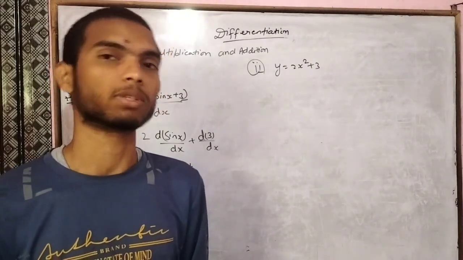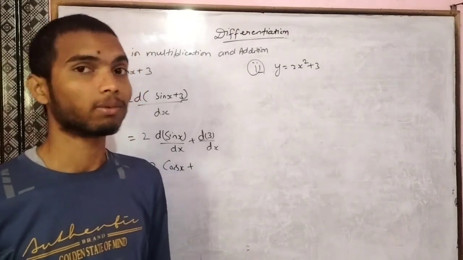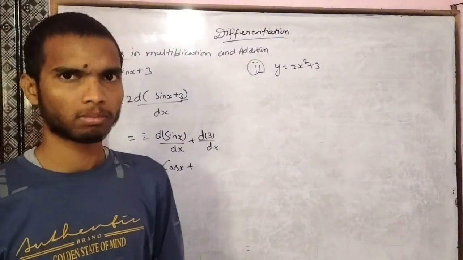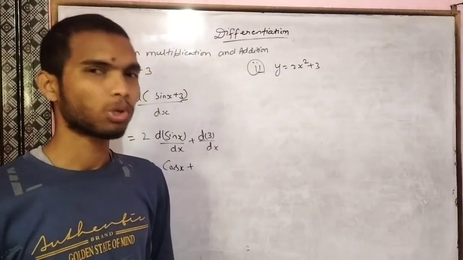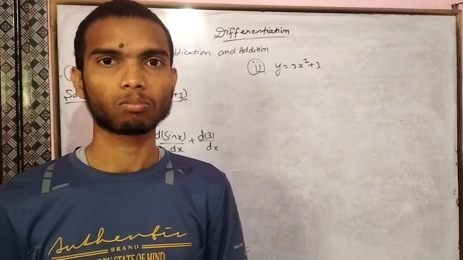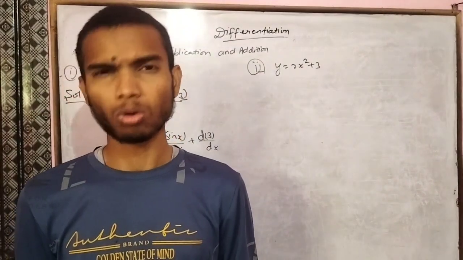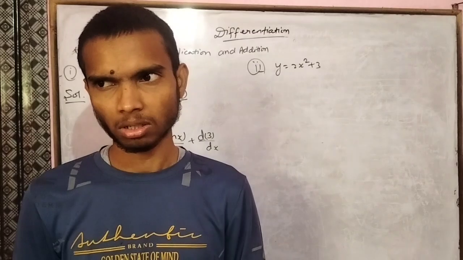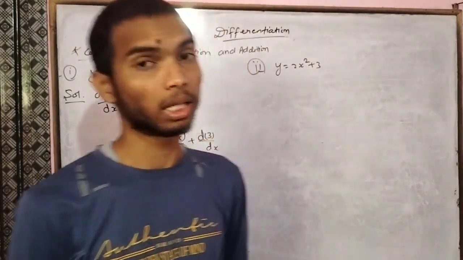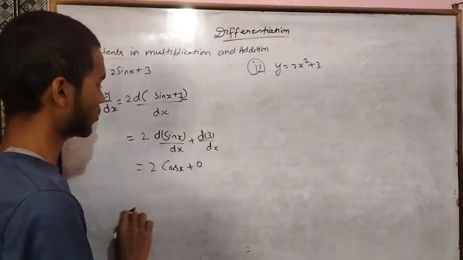Here we have a number, so we can write 0. In the language of differentiation, the differentiation of a constant, which is a number, is always 0.